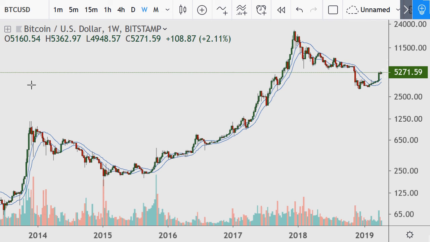Now, if I would have done that last time, this little resistance got taken out. As you can see, it was supported. And then you had entanglement with this little level here. A few times it was taken out. And then this level of resistance was next. It got taken out.